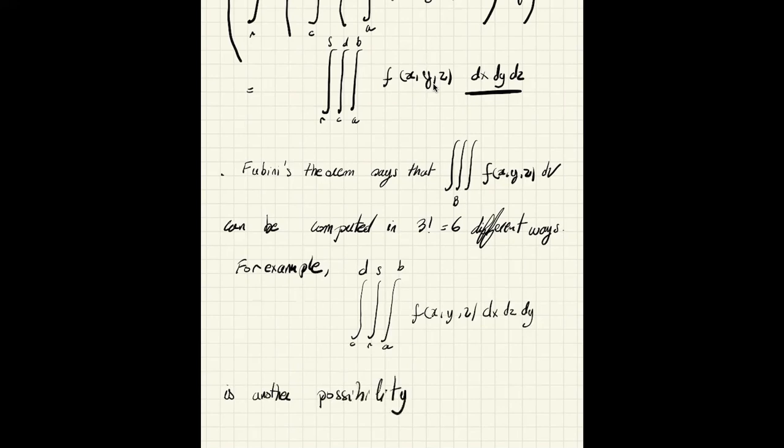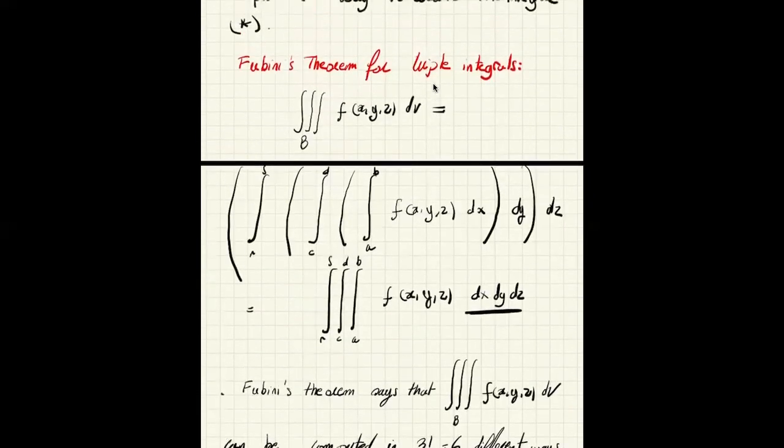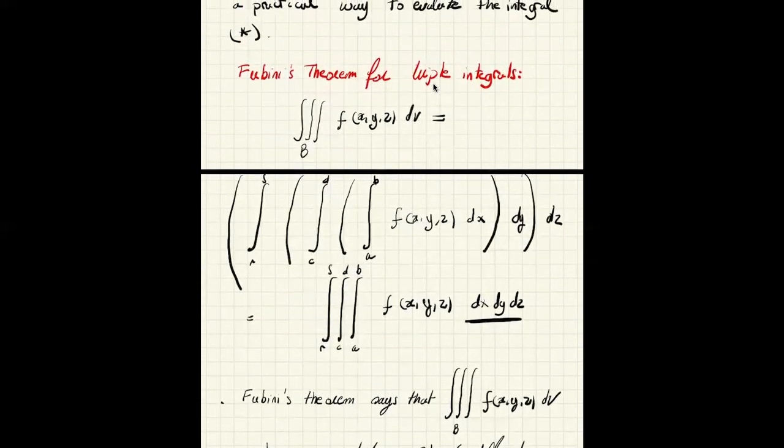And of course, Fubini's theorem says more than that. It says that the integral exists and it's equal to these iterated integrals, and whatever order you start with, it'll give you the same answer, right? Of course, I didn't include it in full detail, but you want to make sure that you learn what it says. It's a bit fast here. Fubini's theorem says it exists when the function is continuous.